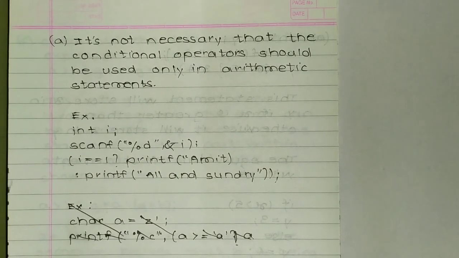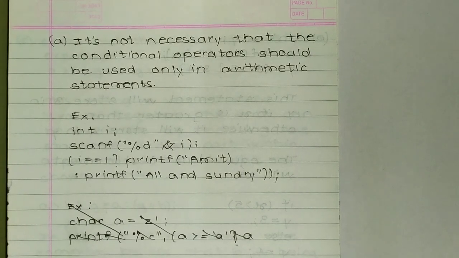It is not necessary that the conditional operator should be used only in arithmetic statements. Example: int i; scanf("%d", &i); i == 1 ? printf("Amit") : printf("All and sundry").